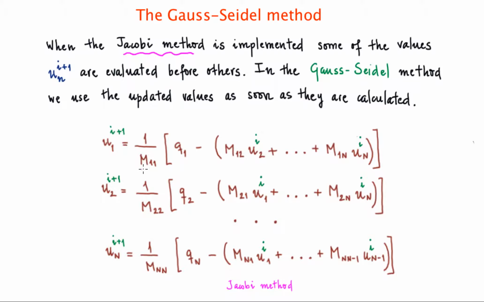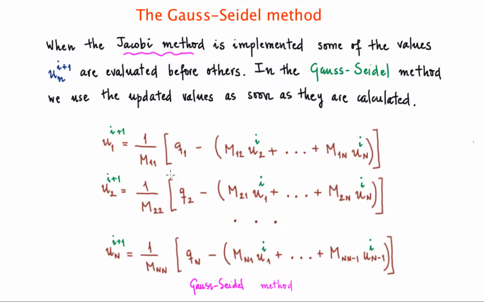So what is that? The idea is very simple. So this is the Jacobi method, the one we have here, and the Gauss-Seidel method is the following.